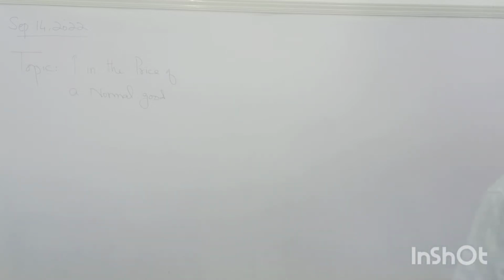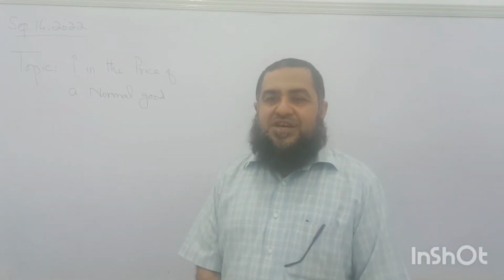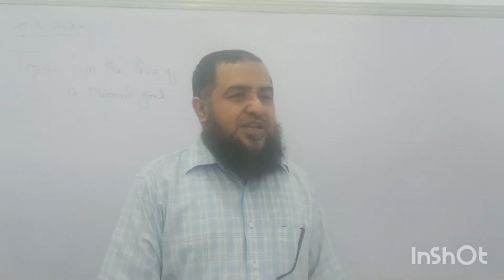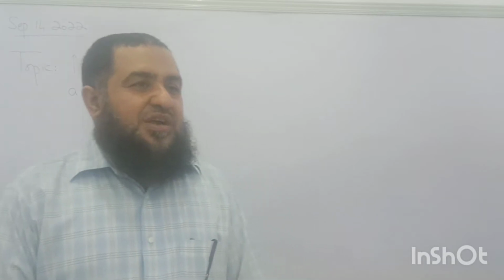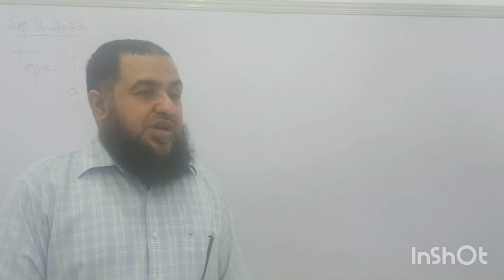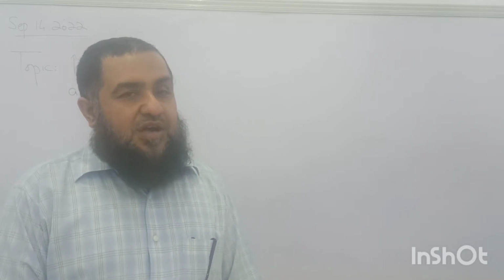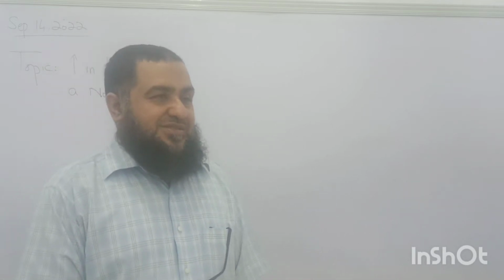Like we have studied what happens to the substitution and income effects of a normal good when price falls. But when you sit in the exam, there is going to be a question: what happens to the substitution and income effects of a normal good due to an increase in its price?